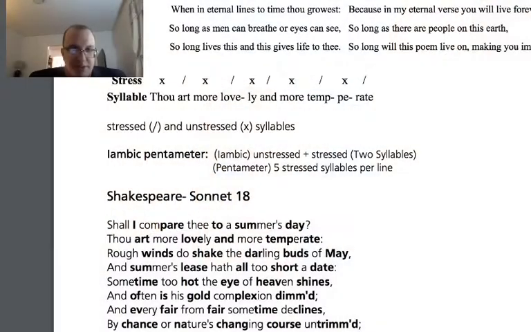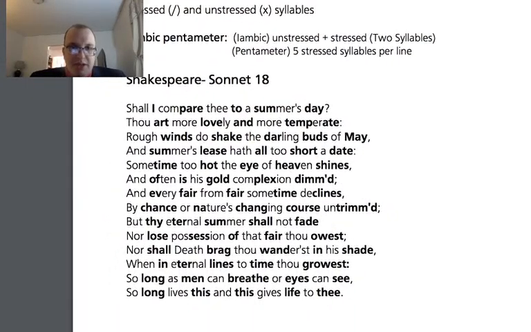So the main thing to mention: Shakespeare's sonnets have similar conventions as Petrarch's. They have an octave. Again, they're 14 lines, and you have your first 8 lines that are an octave.